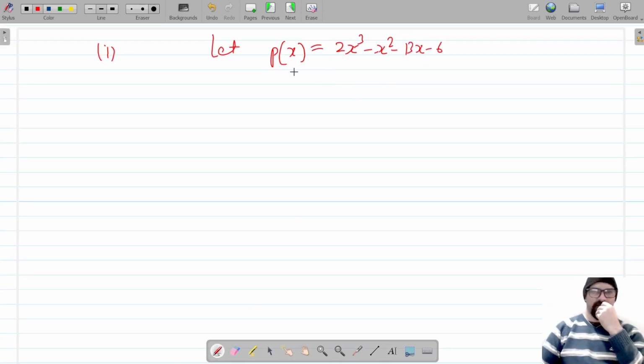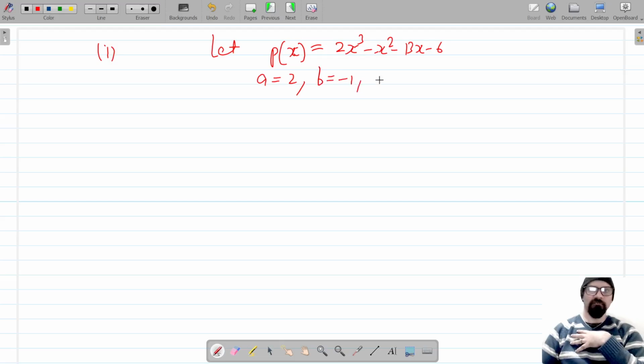Okay, now using the factor theorem, let's factorize this. Here, the coefficient of x cube is denoted by a. So a is 2, the coefficient of x square, which is b, is negative 1, the coefficient of x, which is c, is negative 13, and d, the constant, is negative 6.